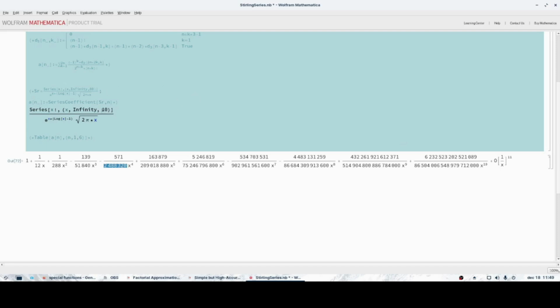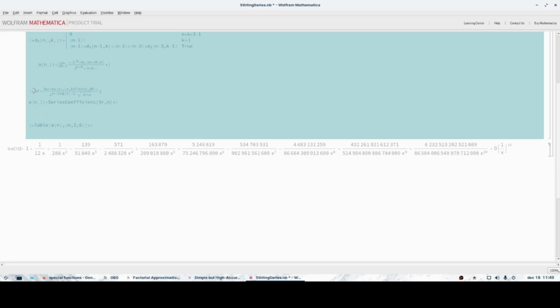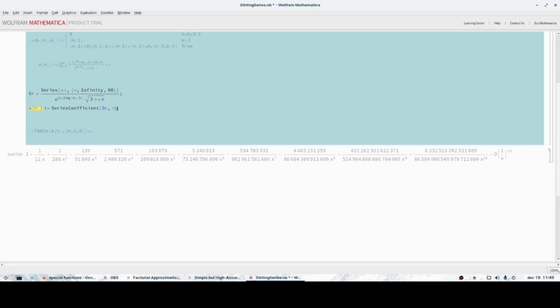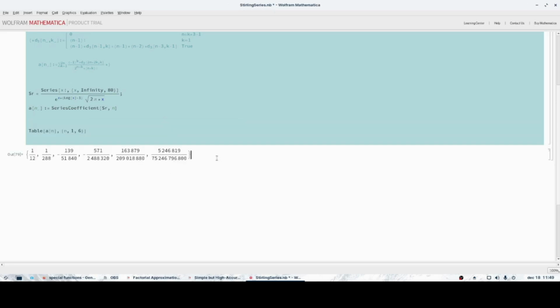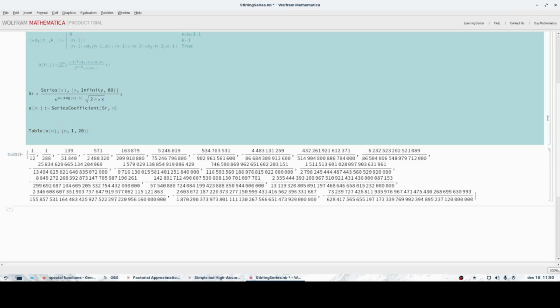The good thing is in this approach we can use 80 elements. It's able to calculate 80 elements in a very fast way. It's just assigning this variable to the series and then getting the nth element. And when I'm using this table, we should use 20 elements here, for example, to see how fast it is.